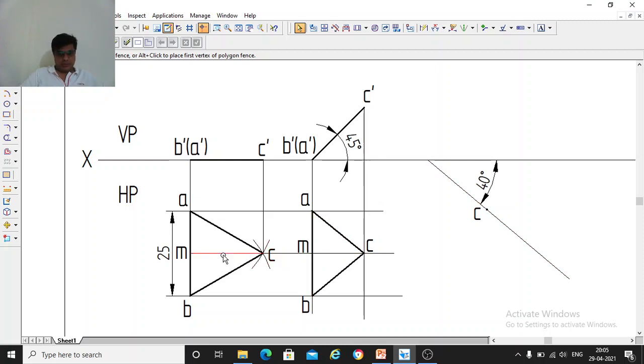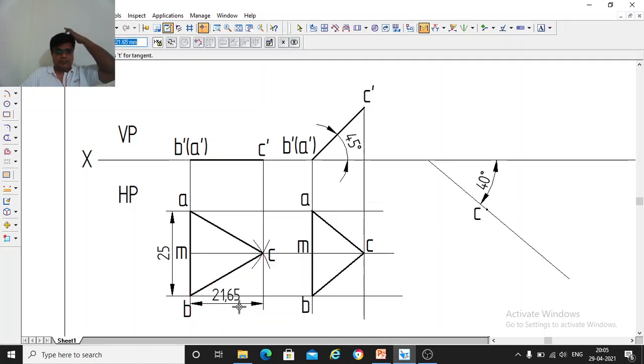So what is the loci method? This median, this is the true length of the median. How much is it? We have to measure it with your compass. Say it is 22 mm.